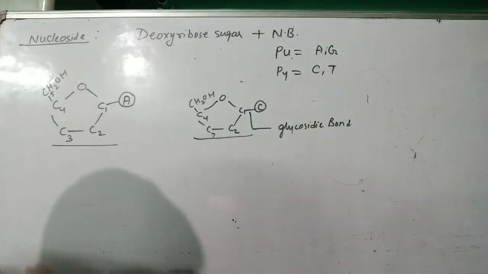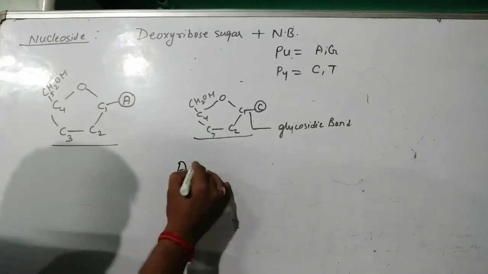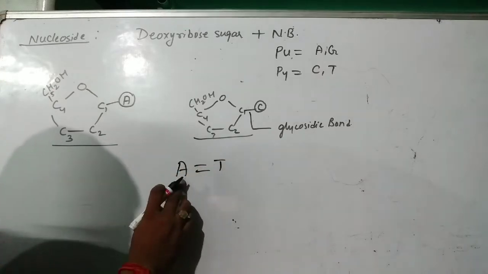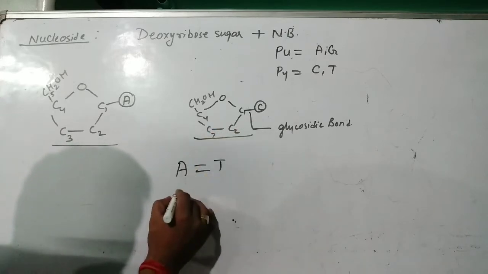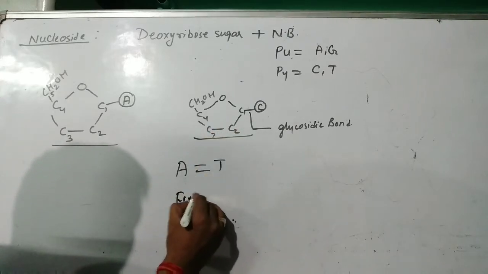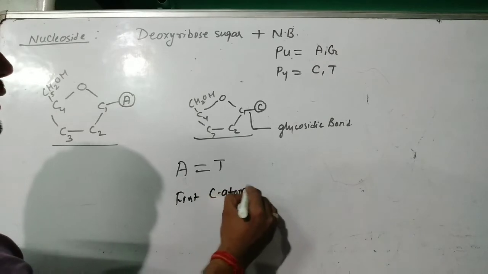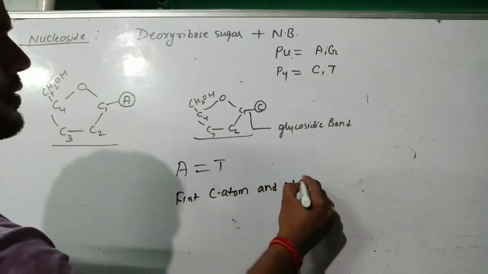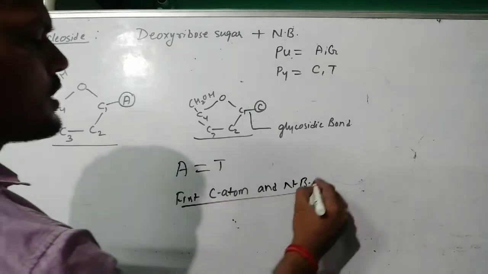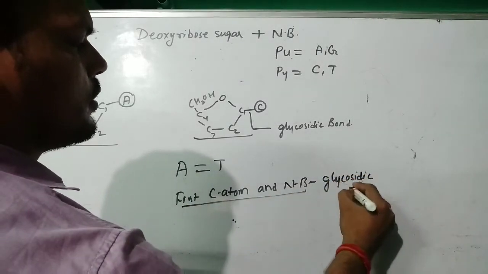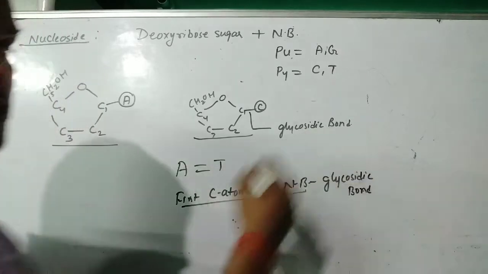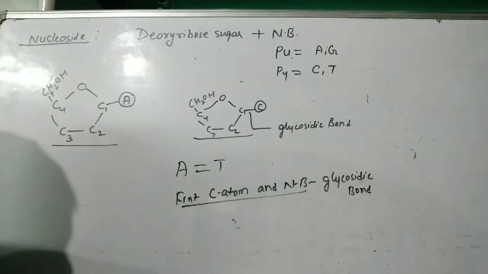You have to remember for the NEET exam: the bond between two nitrogenous bases is a hydrogen bond, and the bond between the first carbon atom and the nitrogenous base is what? Glycosidic bond. This is important for your NEET exam, so you must remember it.